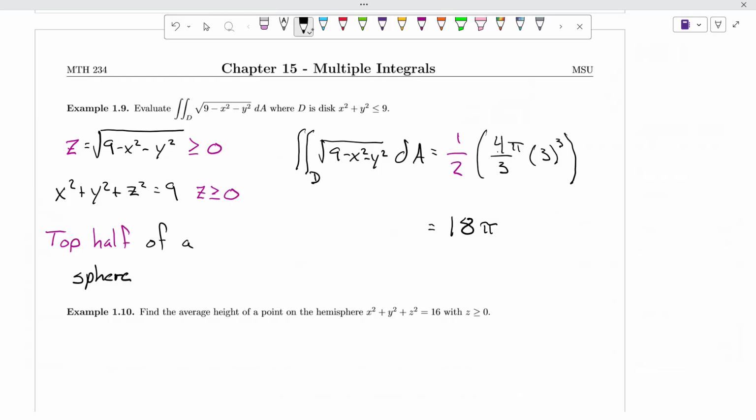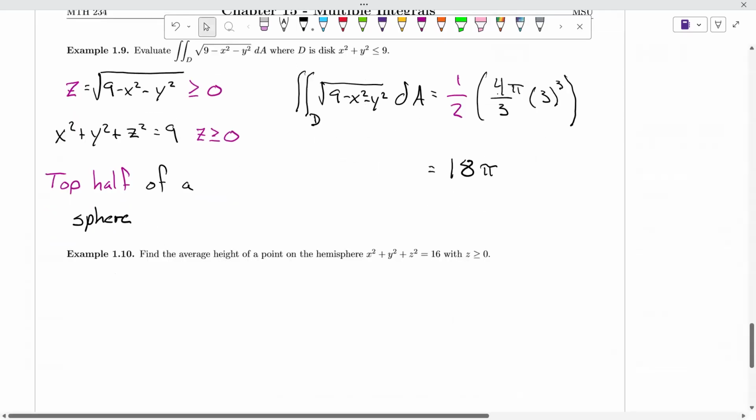Because typically spheres themselves wouldn't be functions, just like circles aren't functions, because at least they're not functions of x or functions of x and y, because they'll fail vertical line tests, because we'd hit both the top and the bottom half of the sphere. But if we only look at the top half of the sphere, then that part by itself is a function. So that's nice for us.